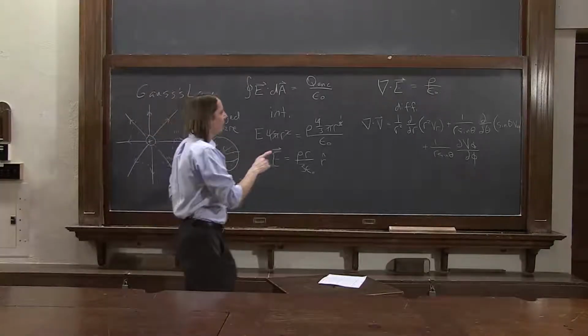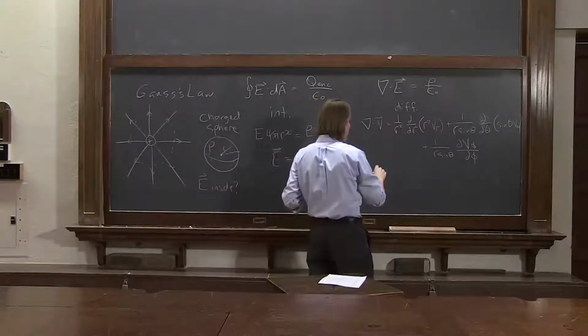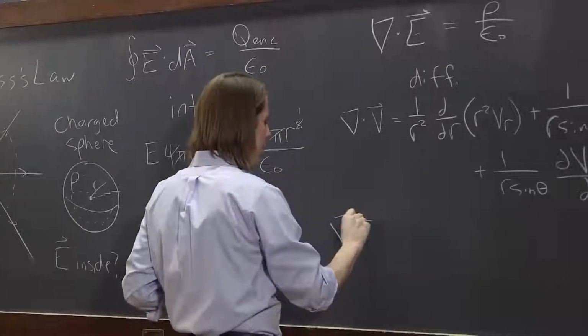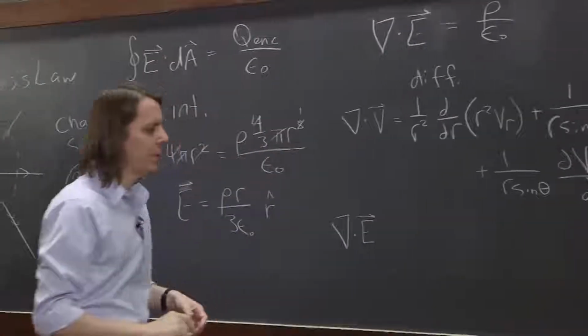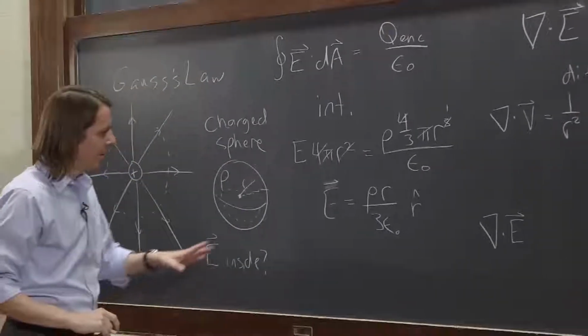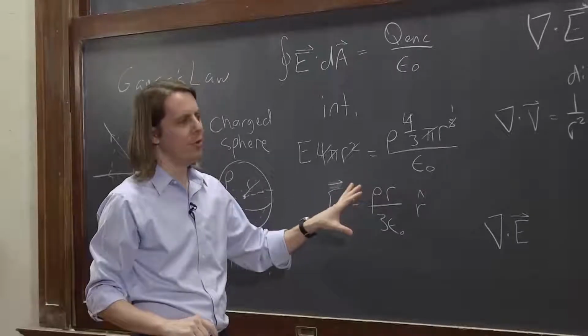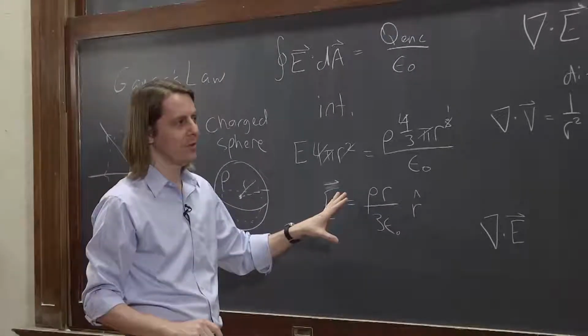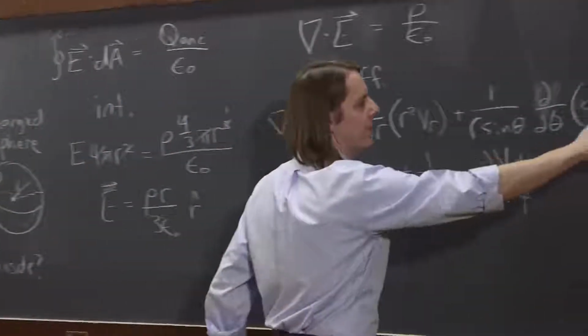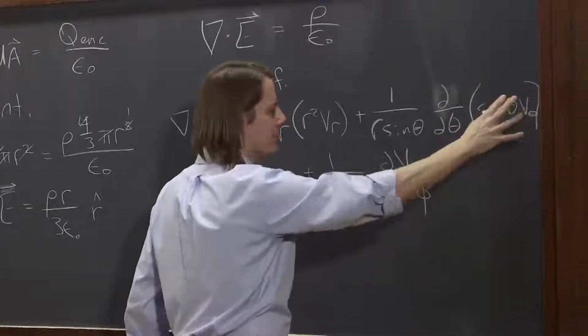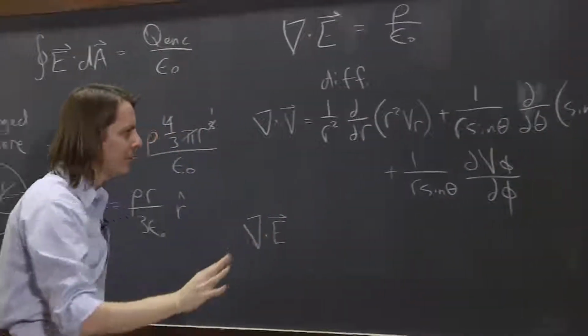So now let's apply this big nasty thing to del dot E. Fortunately, we have very nice symmetry that's going to help us out. Our E field only has the r hat component. We only have E_r in this case. So E theta is 0. It never points in the theta direction. E phi is 0. It never points in the phi direction.